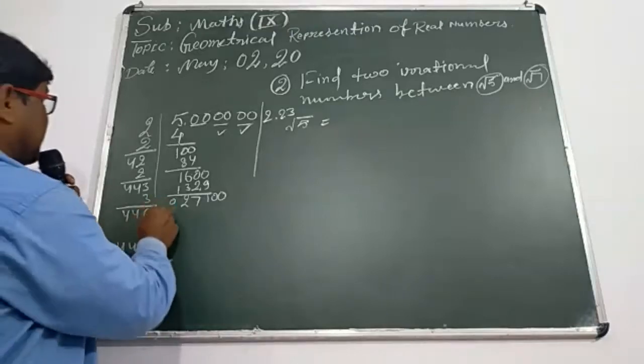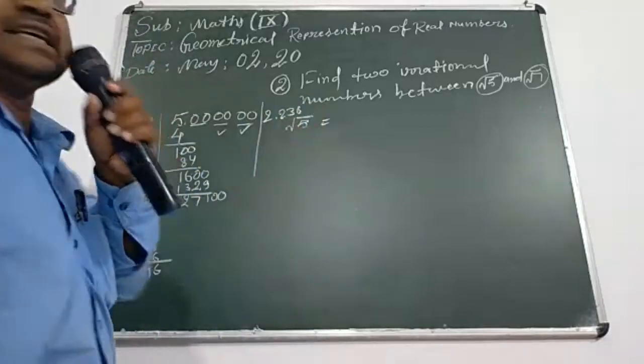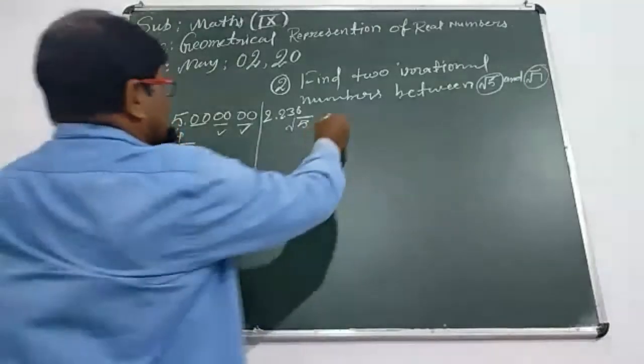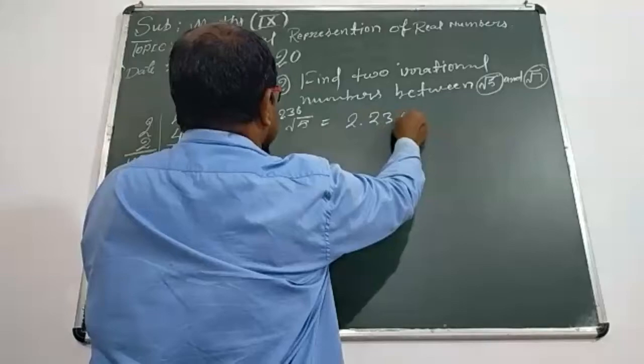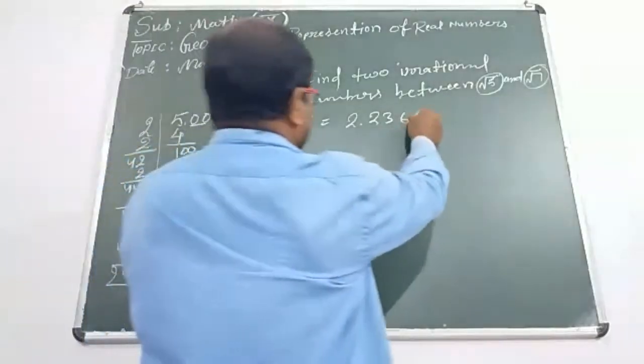Okay, so right here 6, then 6. 2.236 we can write, or 7 also. So we will write here 2.236, dot dot dot.